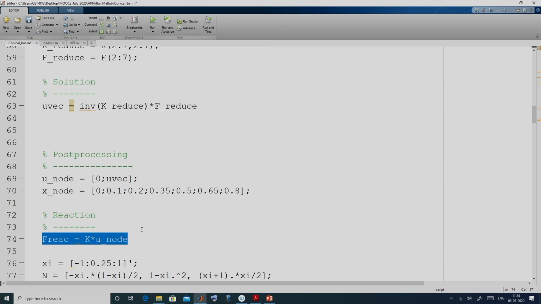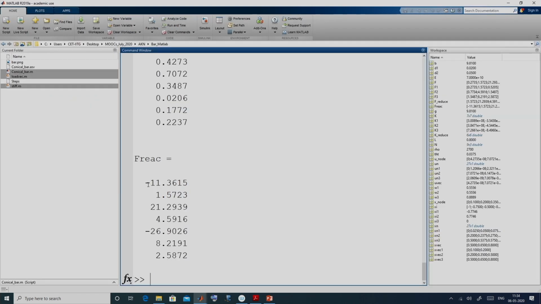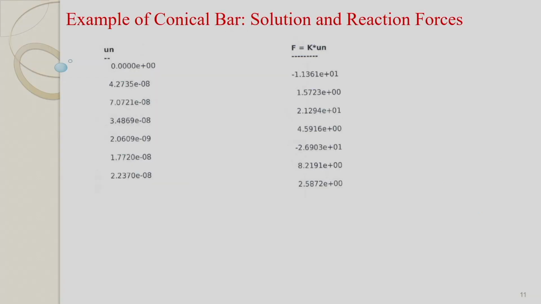Now, if we operate the global 7 cross 7 stiffness matrix on this U vector, in the first row we get the reaction force at node 1. So, at node 1 the reaction force is minus 11.3615. Thus, we get the reaction force at node 1.